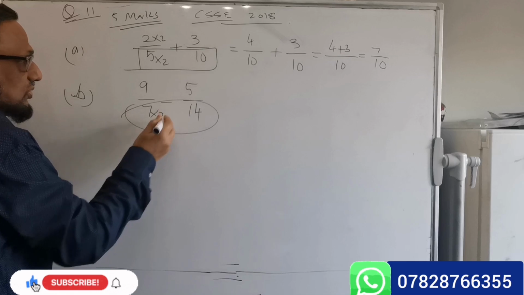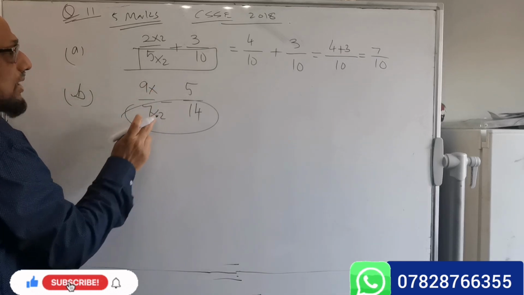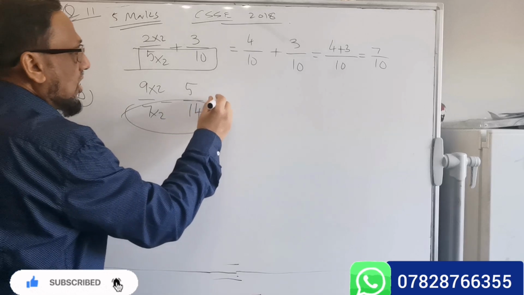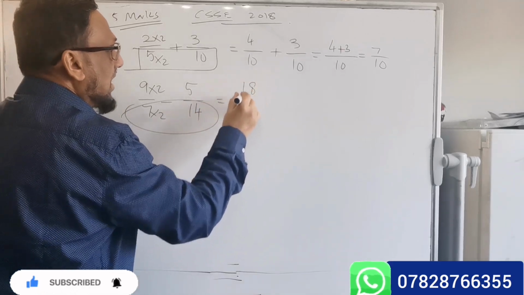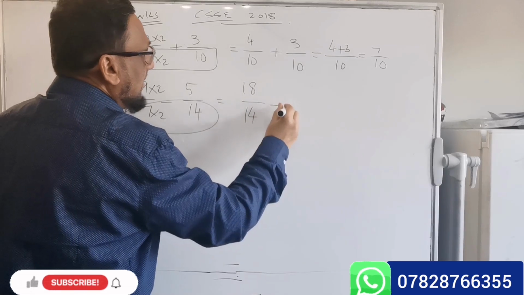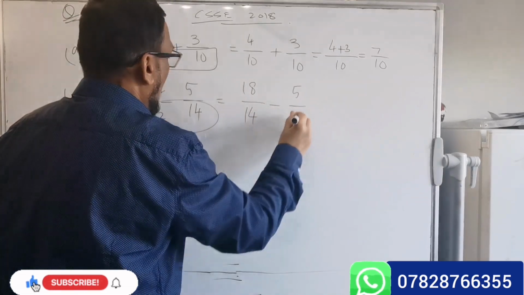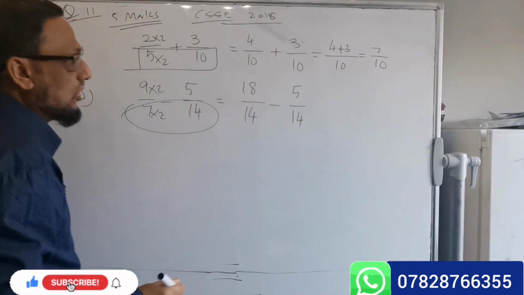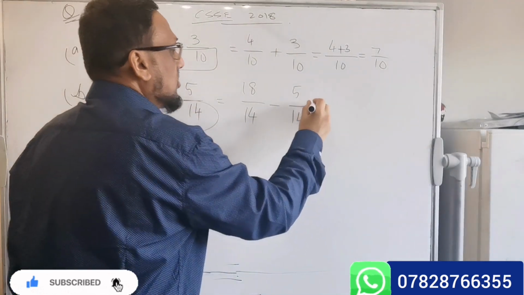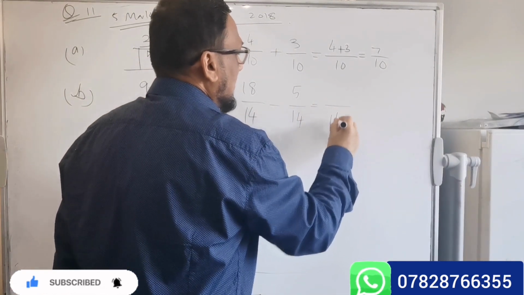So 7 times 2 is 14, and if you times the denominator, you need to times the numerator as well. So 9 times 2 is 18, and 7 times 2 is 14, minus 5 over 14.